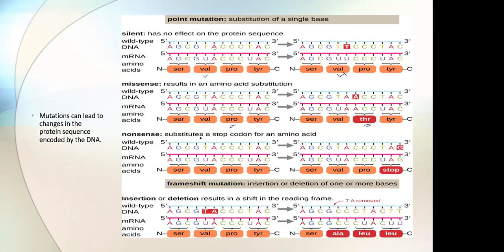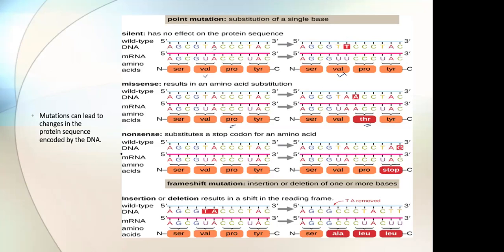Nonsense substitutes a stop codon for an amino acid. So maybe 100 amino acids are supposed to be made by the cell, but because of the mutation over here, the C got changed to G, and that makes a stop codon. So after making only these 3 amino acids, the cell will stop protein synthesis. If it is insulin, the cell cannot make that insulin.